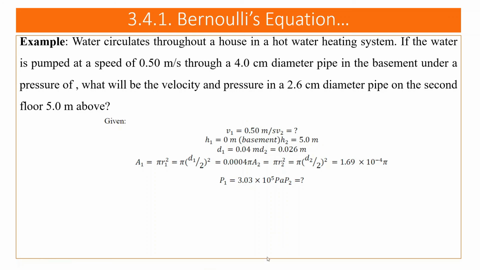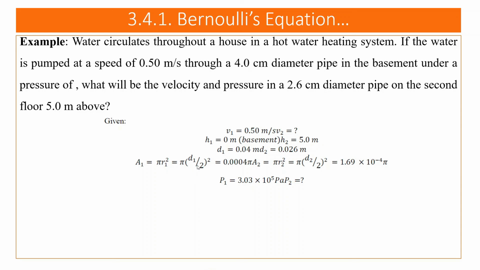From the diameter it is possible to get the radius, because the diameter divided by 2 is the radius. Therefore area is equal to pi r squared. So area 1 is equal to pi times diameter over 2, the whole squared. The diameter of the first one is known, which is 4.0 centimeter.